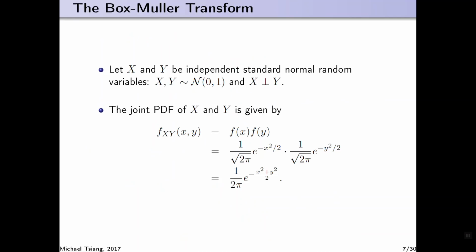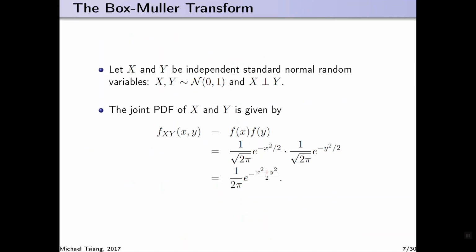Okay, so this is how we're going to do it. We're going to say x and y are random variables coming from the standard normal distribution. So x comes from the standard normal, y comes from the standard normal. X and y are independent of each other.